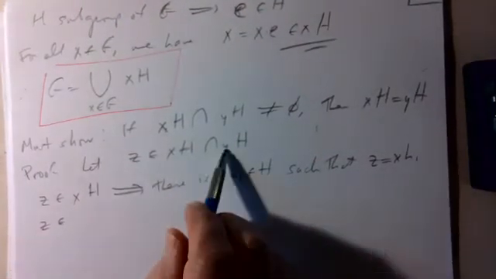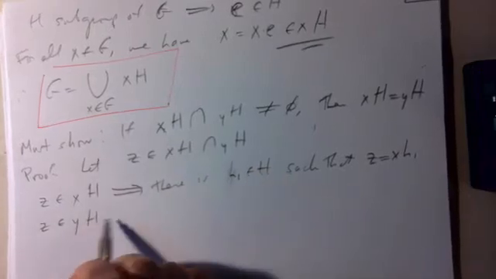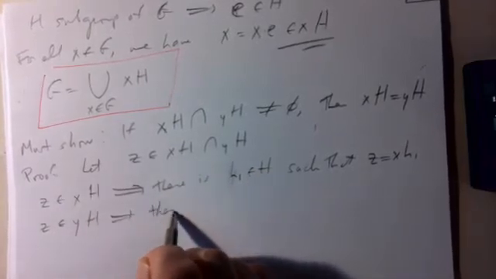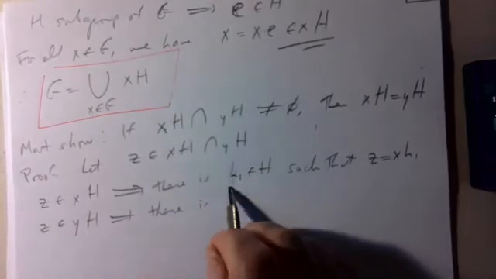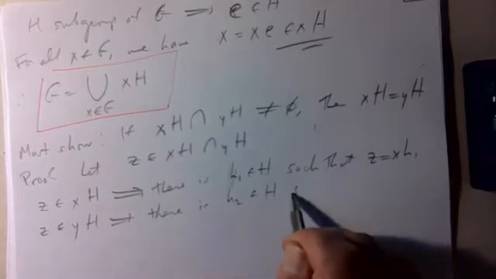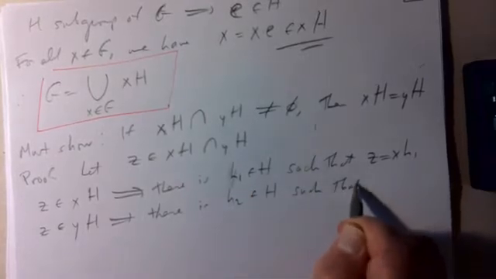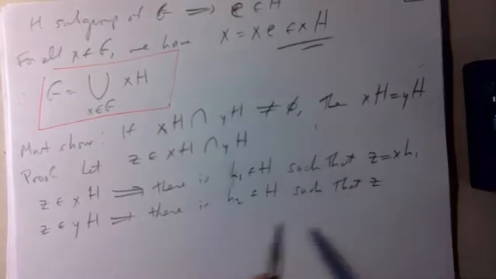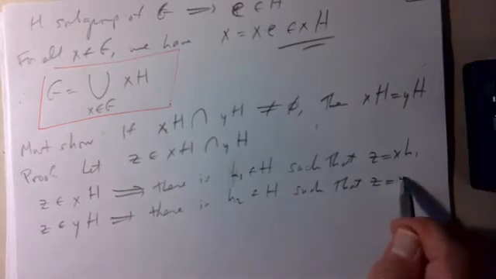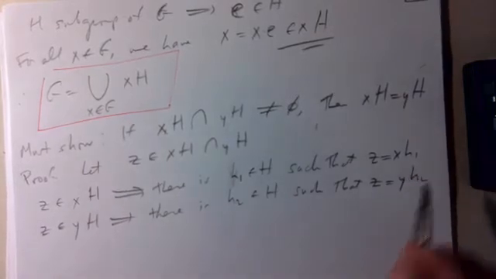And because Z is also in the left coset YH, there is an element H2 in H, such that Z equals YH2.